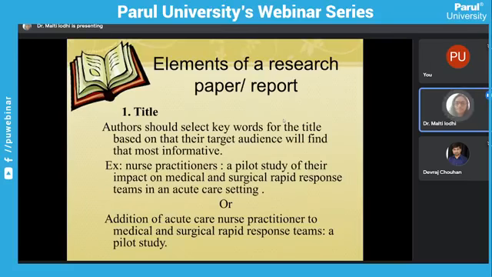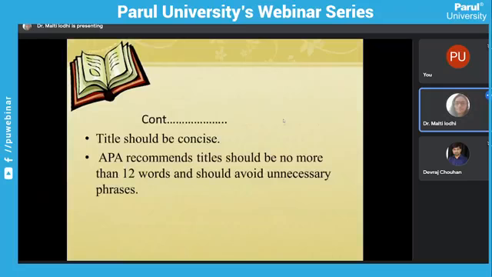For nurse practitioners, this topic will be more comfortable and more fit, more accurate. So "Addition of acute care nurse practitioners to the medical and surgical rapid response team: a pilot study" can be done.